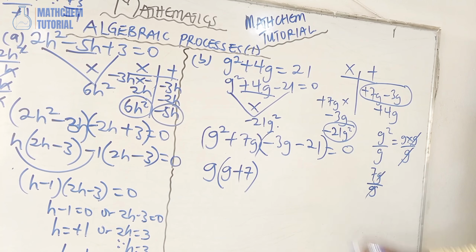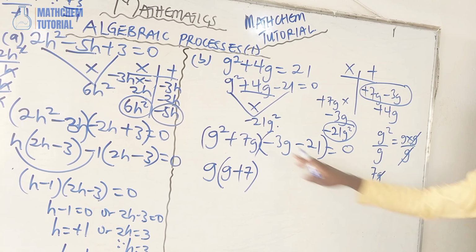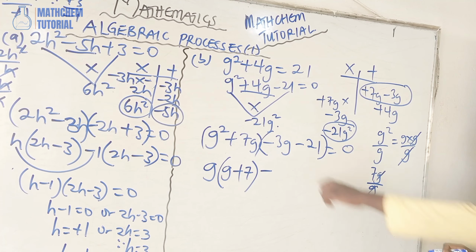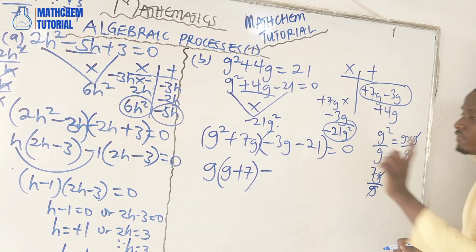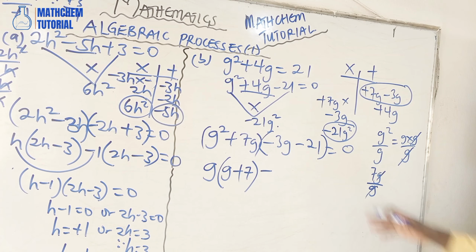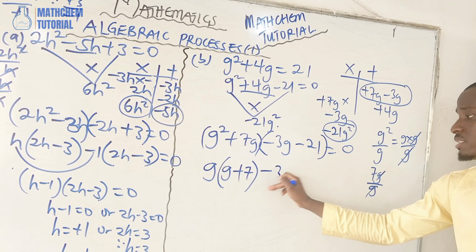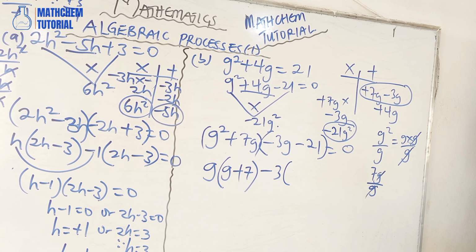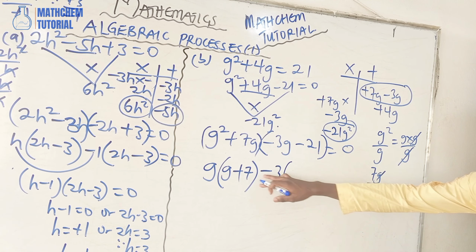Close my bracket. Now what is common between this? This has minus, this also has minus, so minus will be out here. And looking at these values, 3 goes into 3 once, and 3 also goes into 21, which gives us 7. So 3 is also common in this expression. Let me bring out this 3 here and open a bracket. If I repeat what I did for 7g over g for this value, that's minus 3g divided by minus 3.